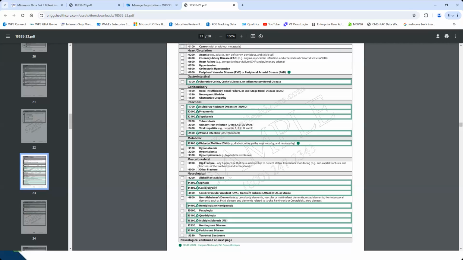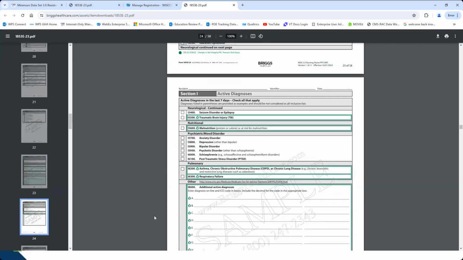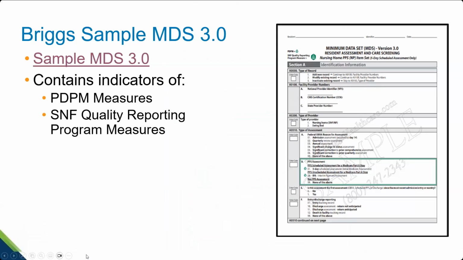Remember, if a disease or a condition is not specifically listed, enter the disease and ICD-10 code in the I8000 area, and that's your additional diagnoses section. So let's move back to the slide deck.